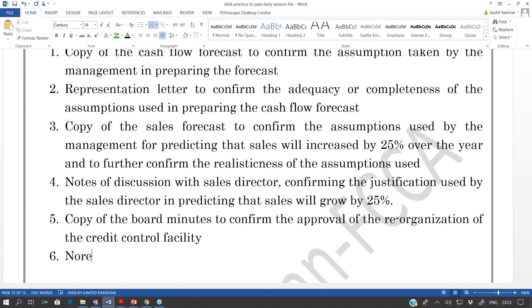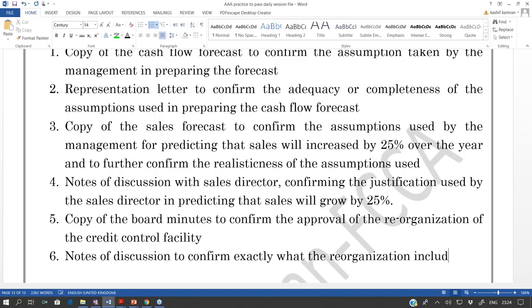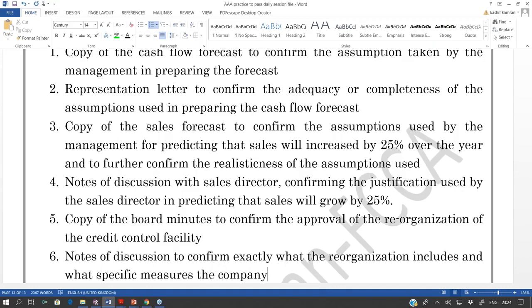And can I have notes of discussion to confirm exactly what the reorganization includes, and what specific measures the company intends to take?